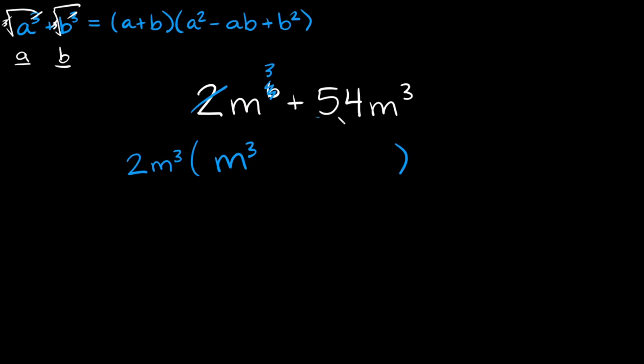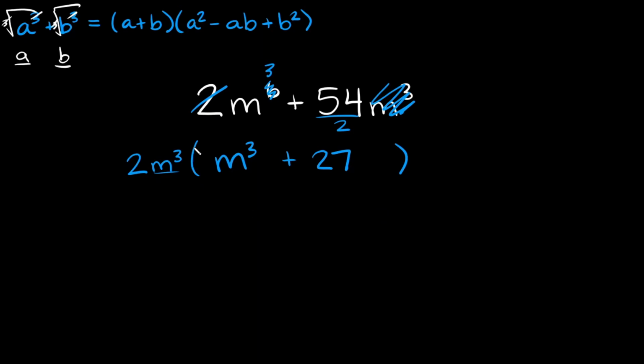So 54, we factored out a 2, so we could say 54 divided by 2. And 54 divided by 2 is equal to 27, right? So here we have positive 27. And then here we have an m cubed. We have 3 m's, right? But we pulled 3 of them out, so then we don't have any left right there. So we just have a 27 left right there.